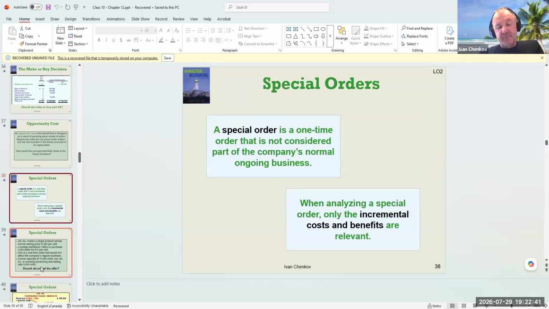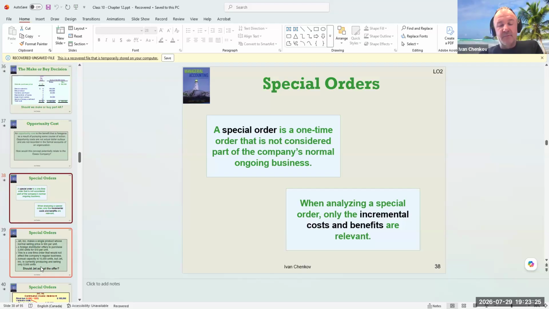So how can we express this concept? By the special order. A special order is a one-time-only order, which is not considered part of the company's normal operating business. For example, if the company during normal operating business sells a certain product for $20, a special order would be a one-time offer coming from a particular customer, asking: can you sell me that many parts, let's say 20,000 parts, at a special price of $12?